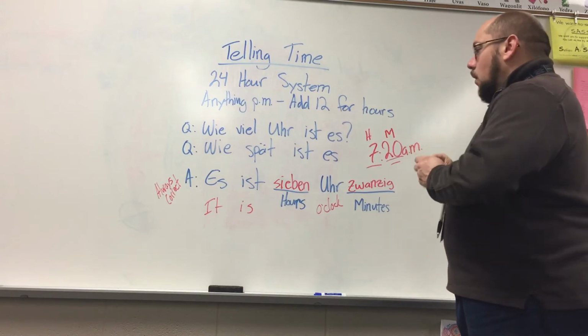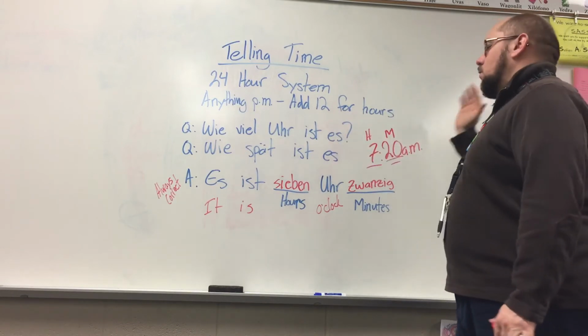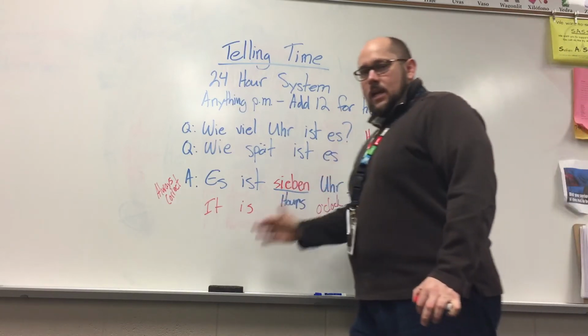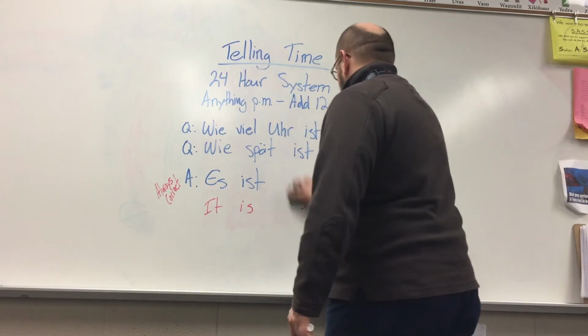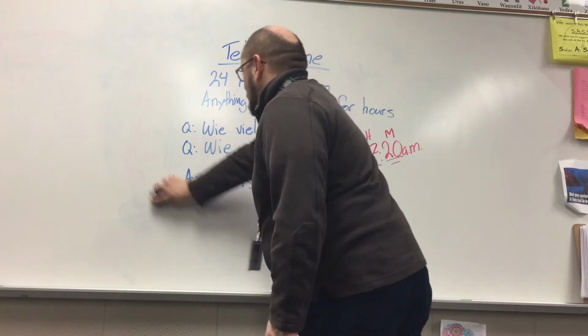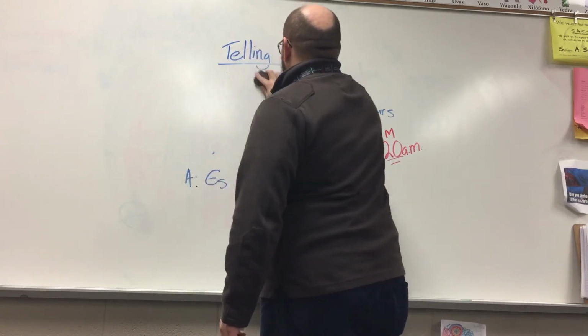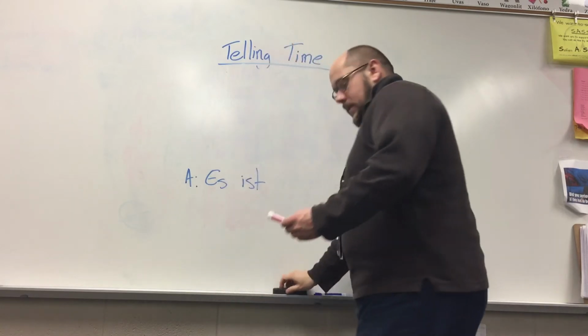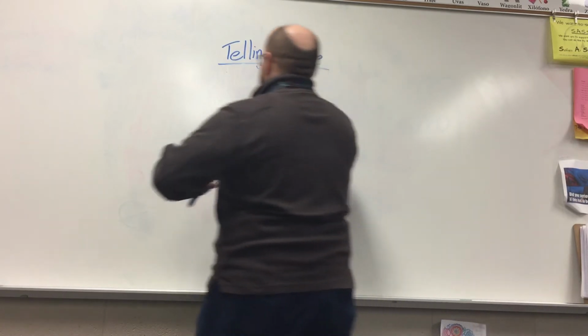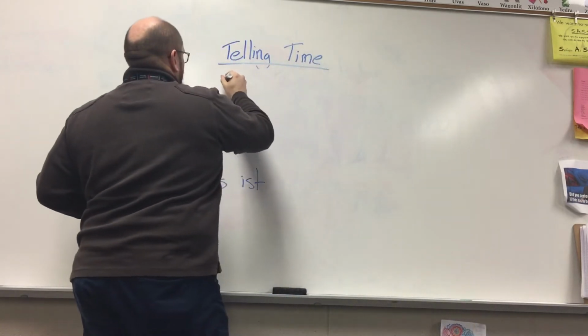Now I'm going to erase this and give you some words that will come in handy when we're putting some things together. In English, we have some words that will be useful in German.